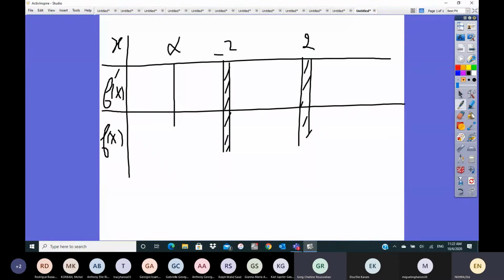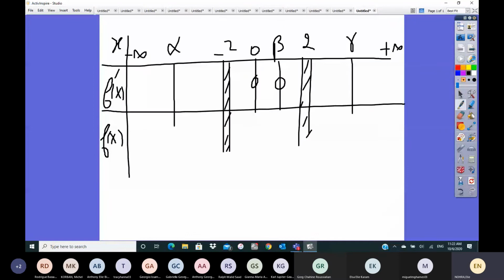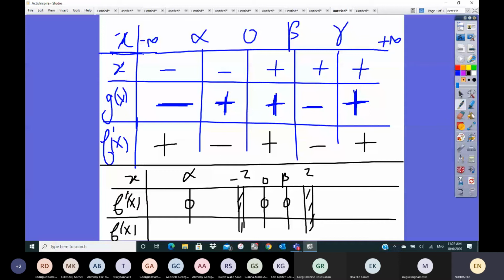The alpha here, the 0 and the beta are here. The gamma is over here. If you look at this table, you see it? Less than alpha positive, and you fill it over here. Between alpha and 0 is negative.